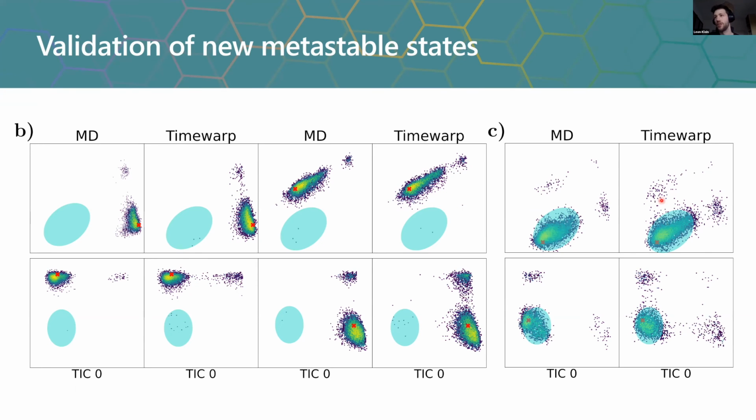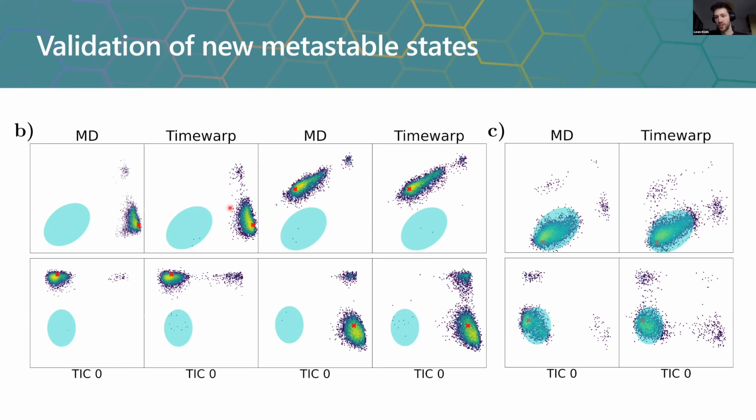And interestingly, the Timewarp model predicts exactly the same. So again, the conditional distributions are basically a single forward path with the Timewarp model. So yeah, this is also referring to what you asked before, right? How do we know if we found all metastable states with MD?